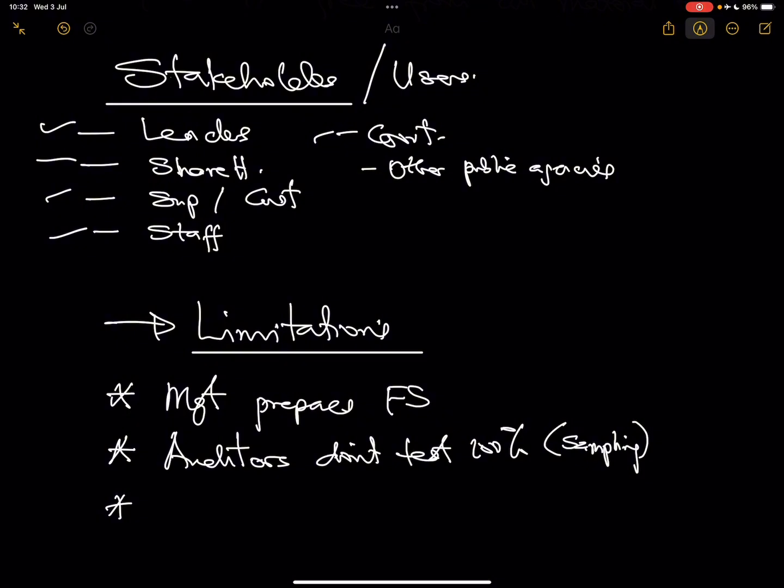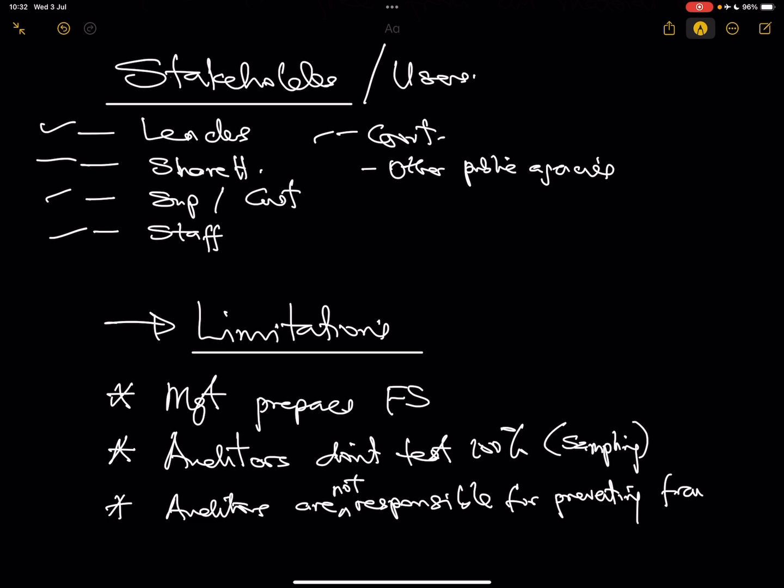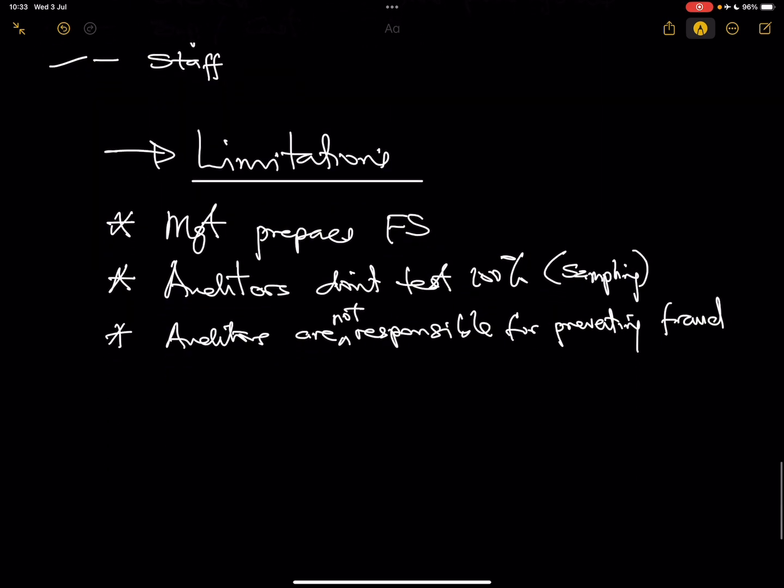Likewise, auditors are not responsible for preventing fraud. Management are responsible, and not auditors. Please take note. Only management are responsible to do that. So it's management responsibility.